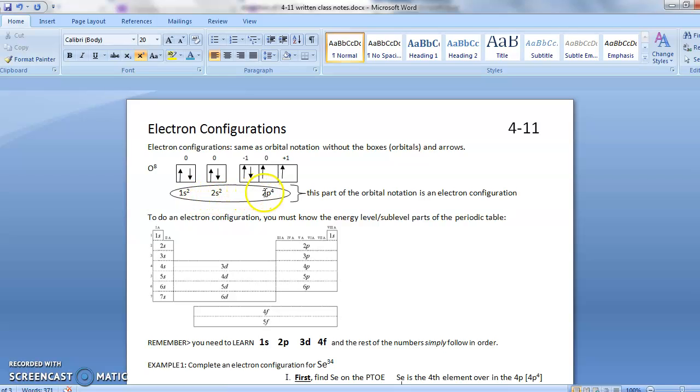Where these numbers come from, the 1s, 2s, 2p, now that is a great story indeed. And it takes us back to where we began this unit, quantum numbers. Let's go back and take a look at our notes from quantum numbers.